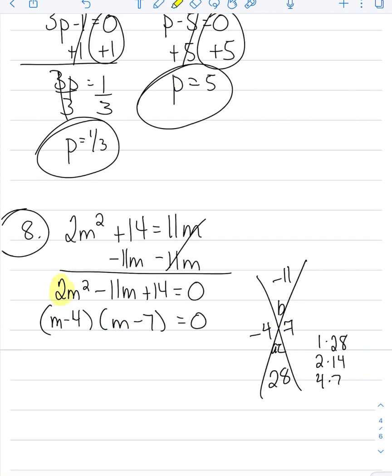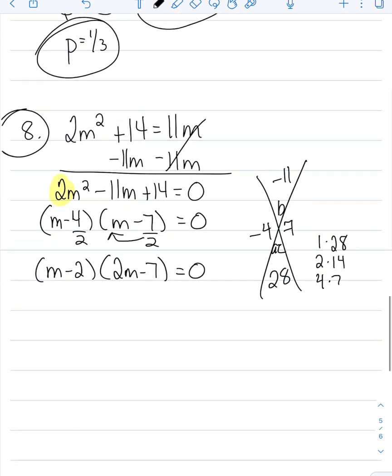But remember, we have to slip that 2 down there. In the first one, 4 divided by 2 simplifies to 2. So m minus 2 times, now I have to slide this 2 over to get 2m minus 7 equals 0. Now let's set each of these factors equal to 0. m minus 2 equals 0, 2m minus 7 equals 0. I'm going to add 2 to both sides here.